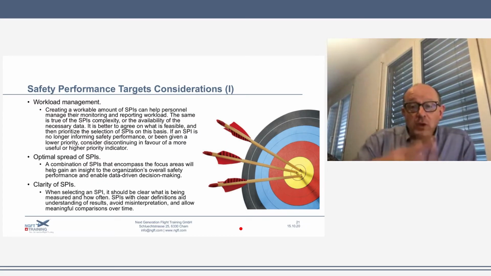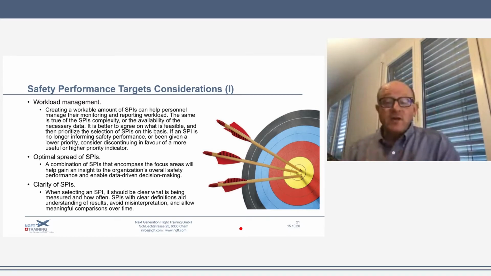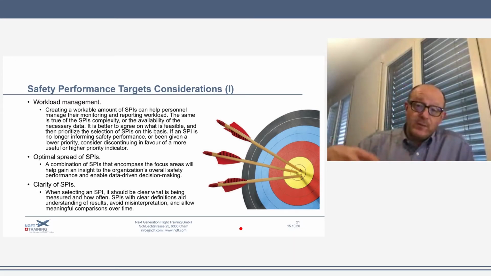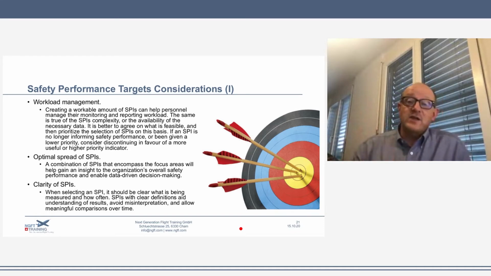Now, when you look at safety performance targets, as I mentioned, it will drive people. It will drive their behavior. If you have a safety performance indicator that helps people to do their job better and safer, they will follow it. If they understand it, it's easier.